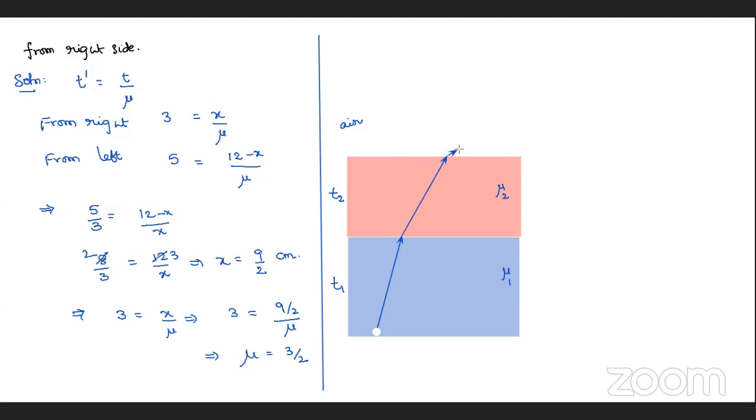So for my convenience, I am taking it like this. Okay, Nana? So if I take one normal here, what is that? This is the normal. One line.